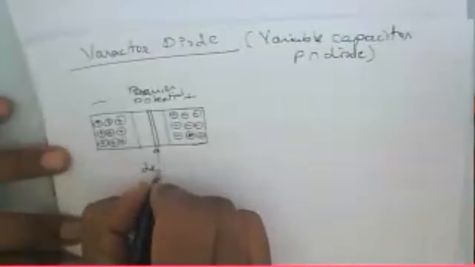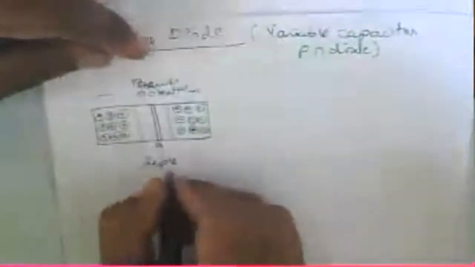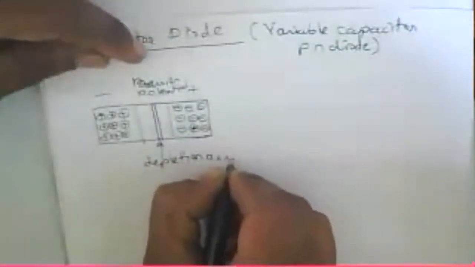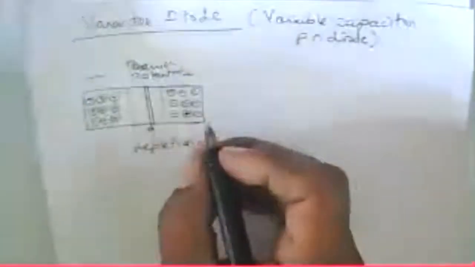So this is the region, and this is the barrier potential. This area, the junction, is nothing but the depletion area.